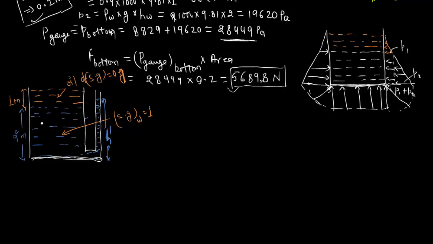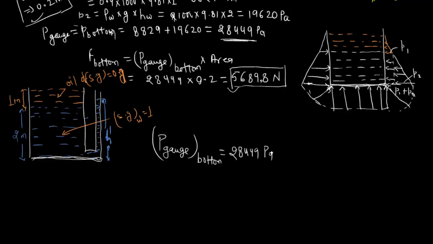So here the pressure intensity, let me say this is P gauge at the bottom, is 28449 Pascal.